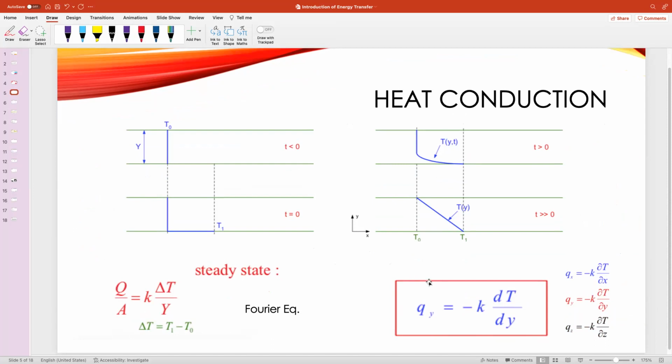If you're unsure about your equation, you can go back to appendix B. In appendix B, B1 or B2, I think, you'll find all the formulas for Fourier's law for conduction in any coordinates: Cartesian, cylindrical, or spherical coordinates.